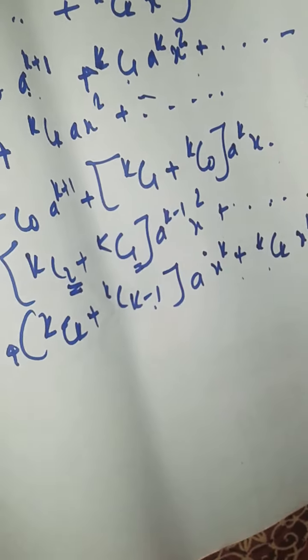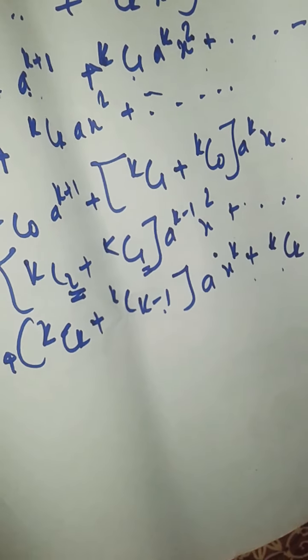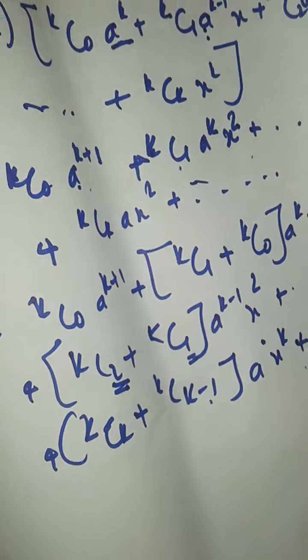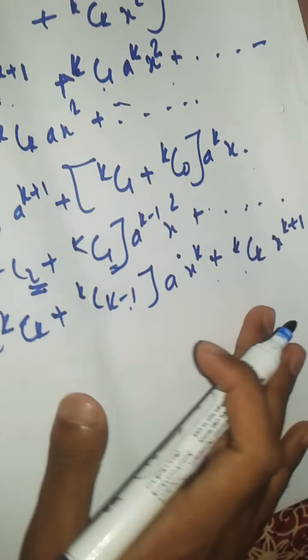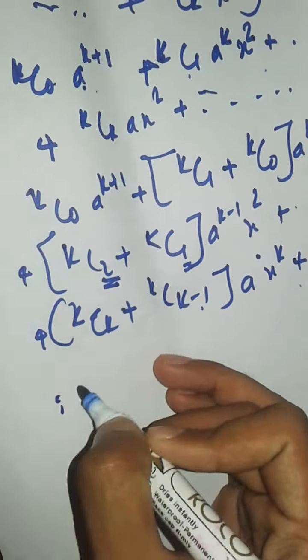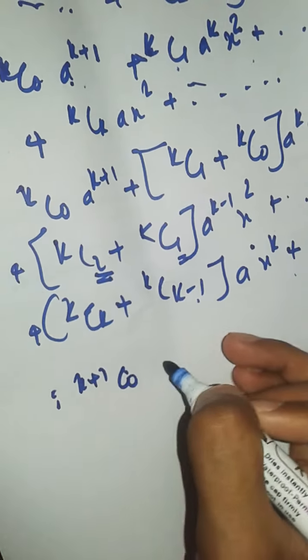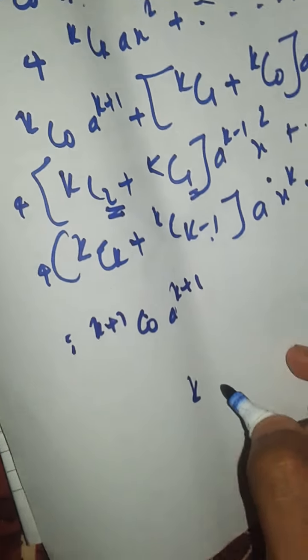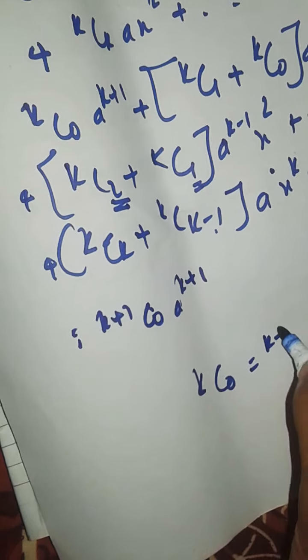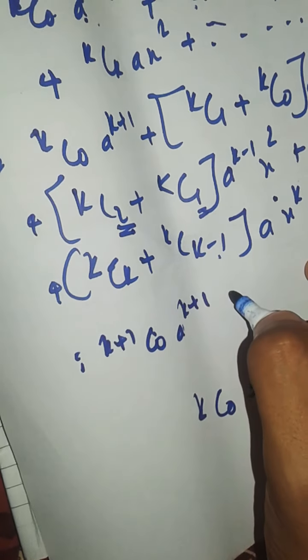If we go on continuing from here, we will find that k+1C0 will be here, as kC0 is equal to (k+1)C0.